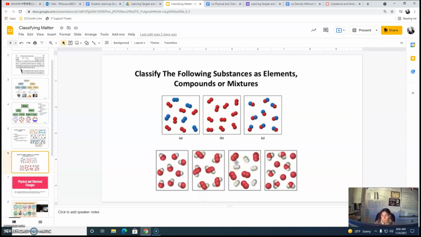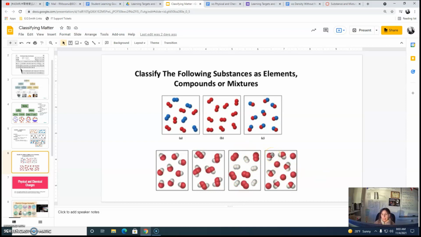How about this one? I have red atoms bonded together. That makes one type of compound. I got white atoms bonded together, making a different kind of compound. I got two different compounds in here. They're not bonded together. That makes this a mixture.